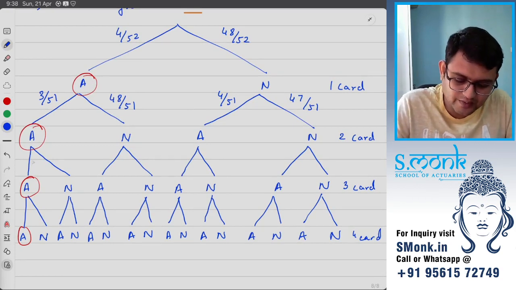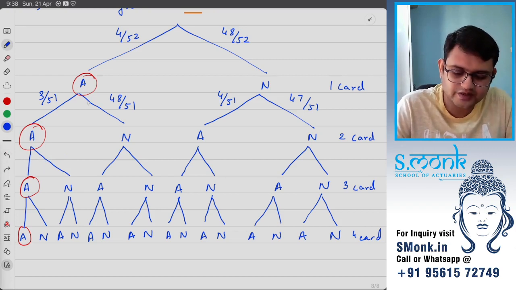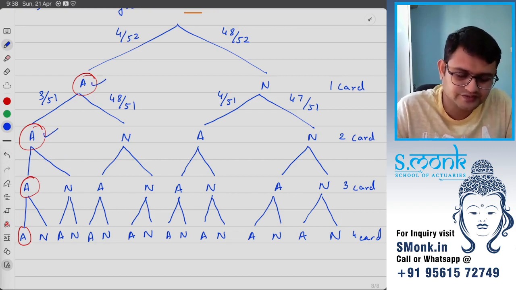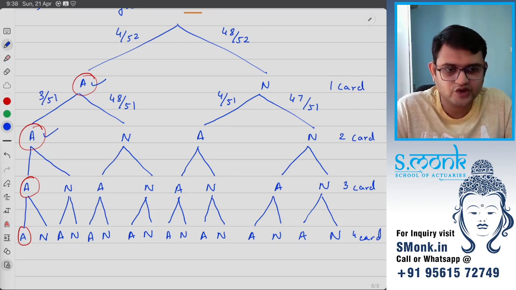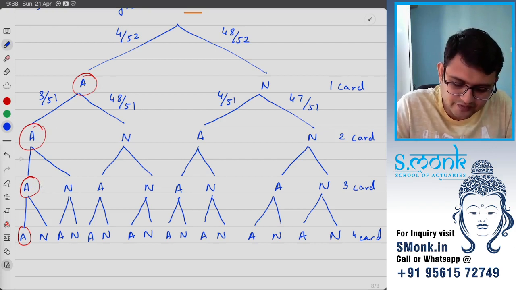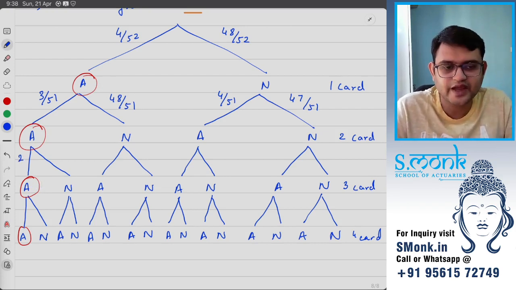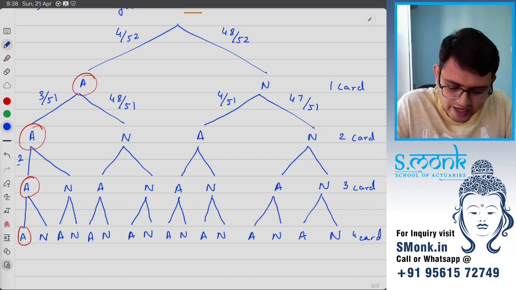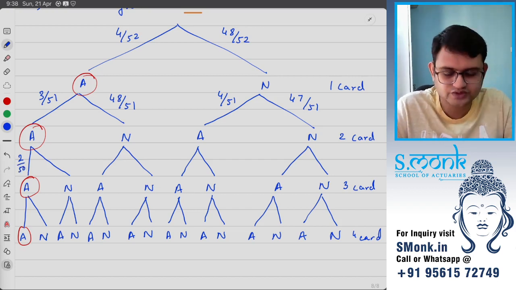Now when we come up to this branch, what are we talking about? We are saying that we already got 2 aces. Now what is the probability of getting a third ace? So in the deck I am left with only 2 aces and 2 cards are already out, so I have 50 cards in total. So 2 by 50.